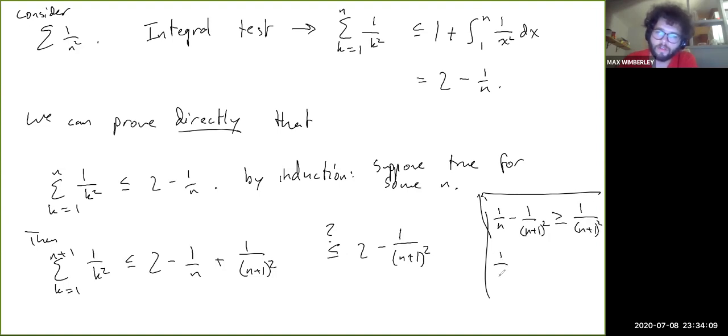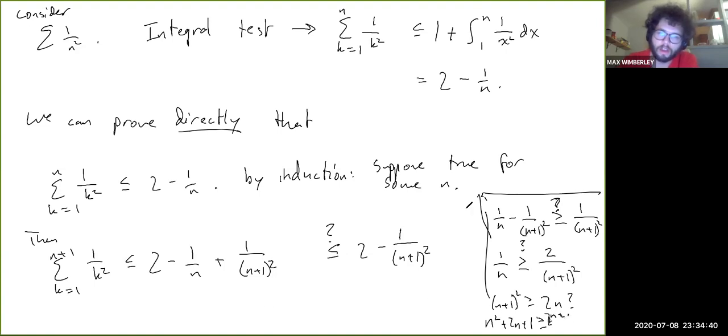Aka, is 1 over n bigger than or equal to 2 over n plus 1 squared, right? Or in other words, is n plus 1 squared bigger than or equal to 2n? And clearly this is, because on this side we have n squared plus 2n plus 1, right?